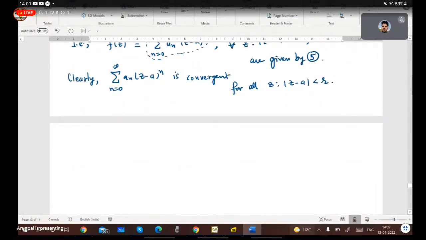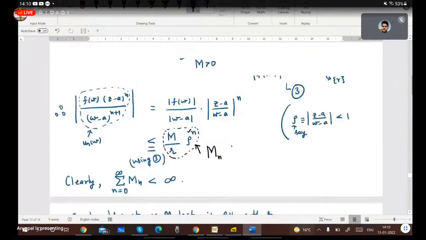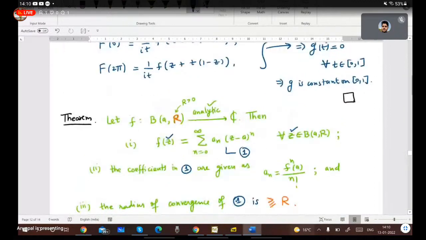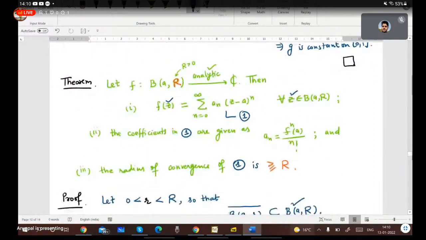So class, what we were to show: the coefficients are given by this, and the radius of convergence is greater than or equal to r. So we have shown the first thing.